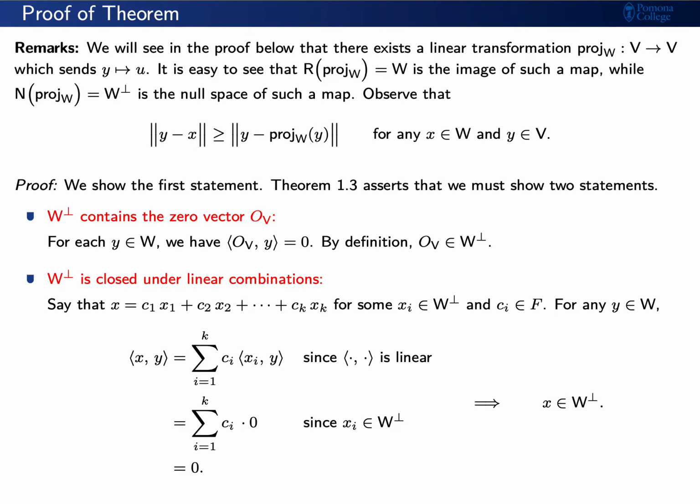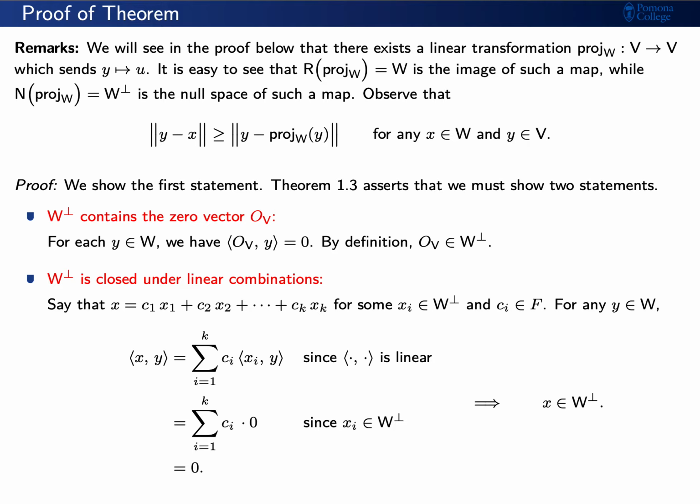Second, we have to show that W perp is closed under linear combinations. Let's take any collection of vectors x sub i in W perp, and now let's take any linear combination of those, which we'll call here x. For any vector y in our subspace W, we can consider now the inner product of x with y. This will be a sum of inner products of x sub i with y.